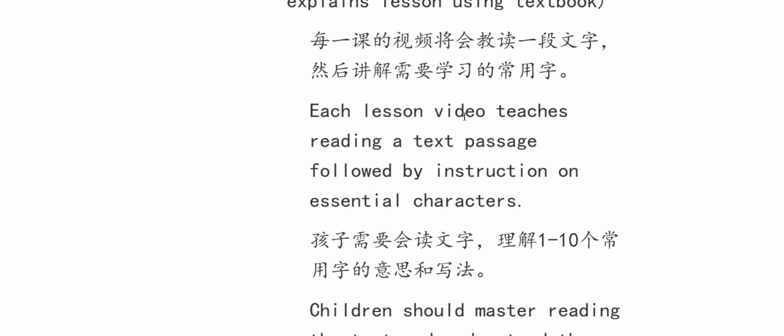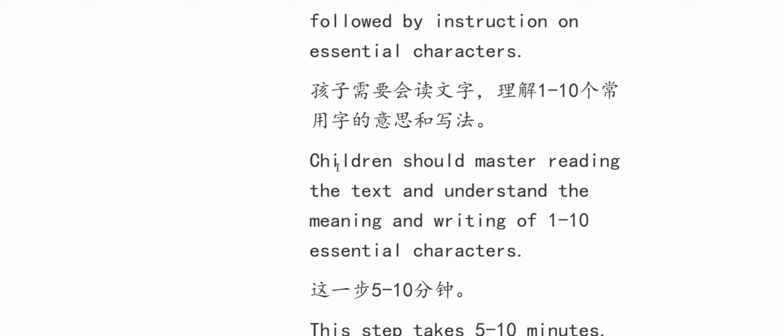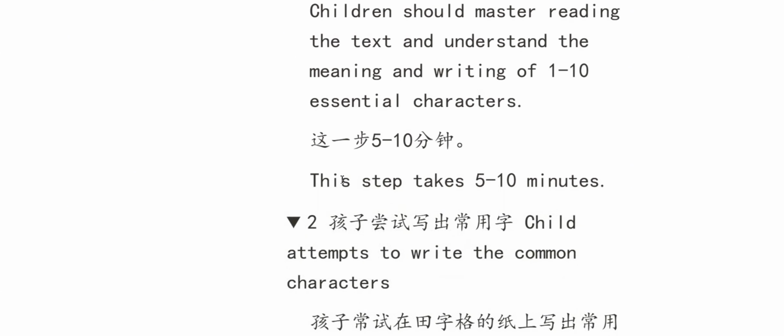Each lesson video teaches reading a text passage followed by instruction on essential characters. Children or English speakers should master reading the text and understanding the meaning and writing of 1 to 10 essential common characters. This step will take 5 to 10 minutes.